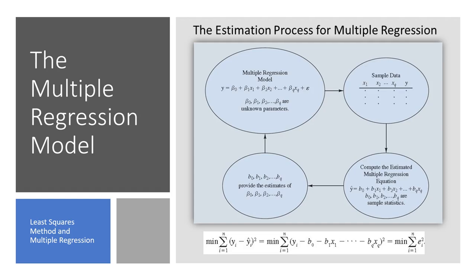And so the estimation process for the multiple regression is going to be shown here. The estimated values for the dependent variable y are computed by substituting the values of the independent variables x1, x2, however many you have, into the estimated multiple regression equation. And then you can use computer software packages to obtain the estimated regression equation and then determine the regression coefficients of b naught, b1, b2, and so forth.